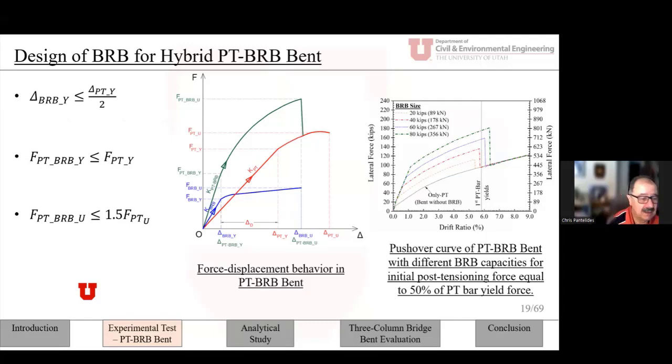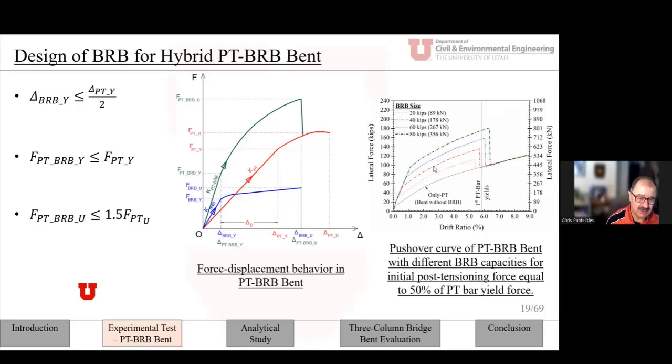And obviously, in all of these cases, the initial post-tensioning force in the tendons of the PT bars was 50% of the yield. So you can see that if you use a very high strength BRB, like the 80 kips, you have the capacity to go to a very high lateral force, like 180 kips.